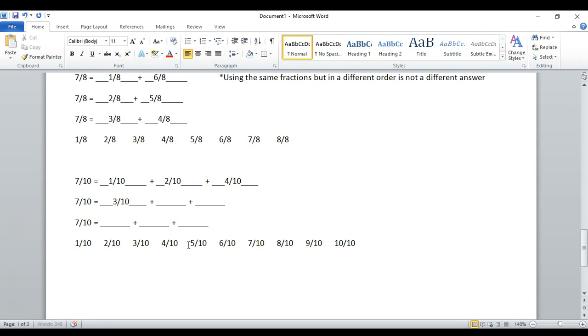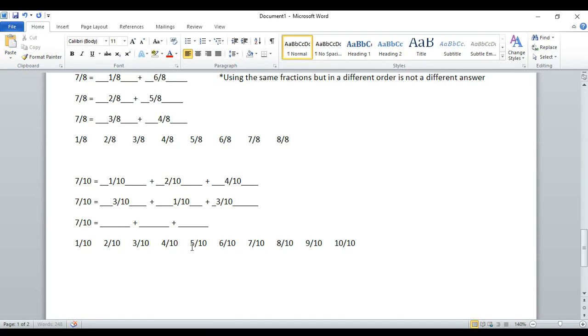And if I go up to 5, then I'm going to have 3 plus 5 is 8, which is too big. So now I'm going to say 3/10 plus 1/10, and that gets me 4/10. And then I need to put 3/10 in there again. Now you can see that this problem is not the same as that problem. So far I am good.